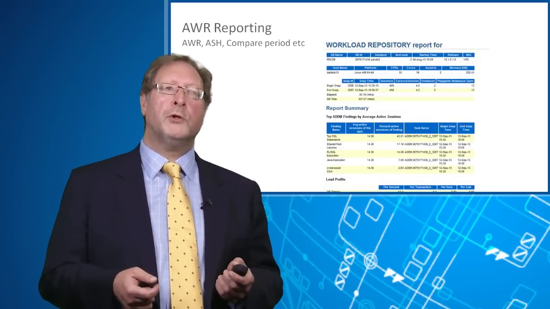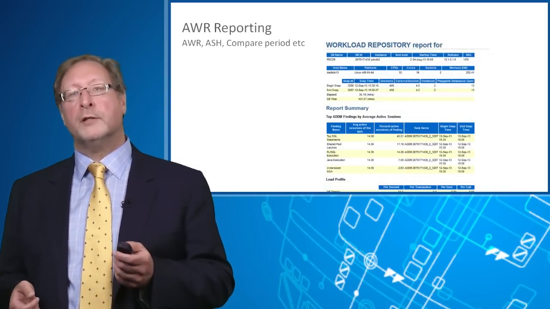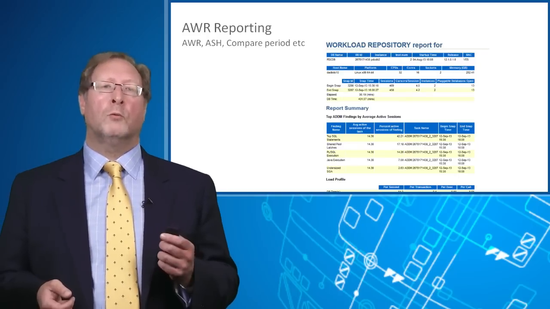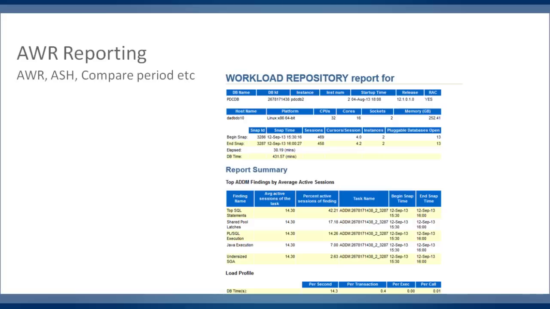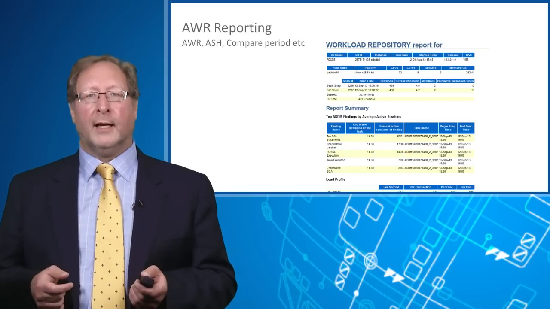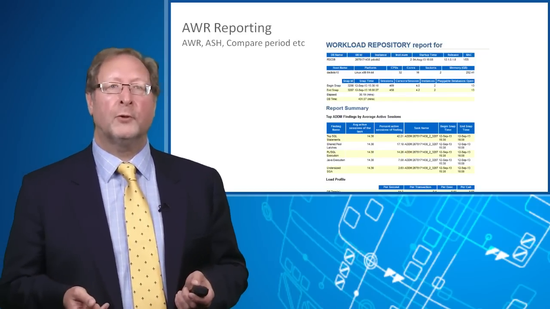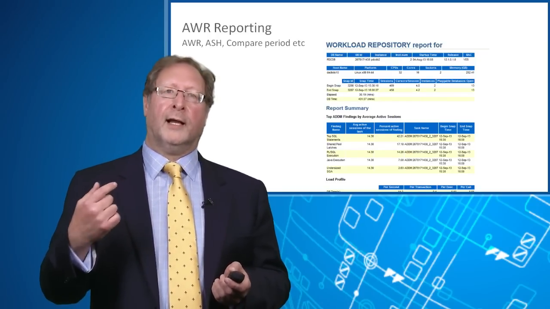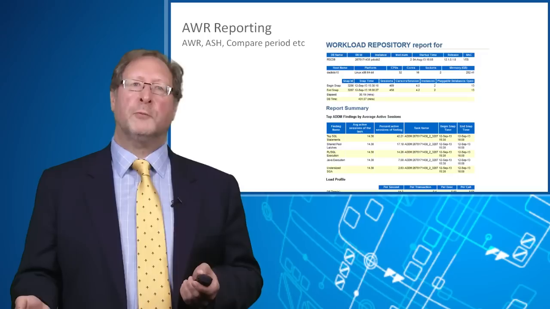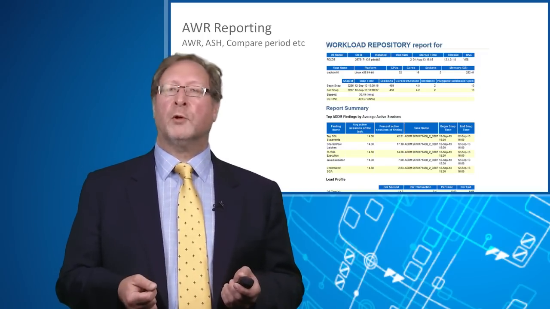When you go on to using AWR on a 12c database, one of the things that we've done there is include the ADDM recommendations and summary up at the top of the AWR report. The reason for this is very simple. I often got requests from people saying, could you analyze this AWR report?